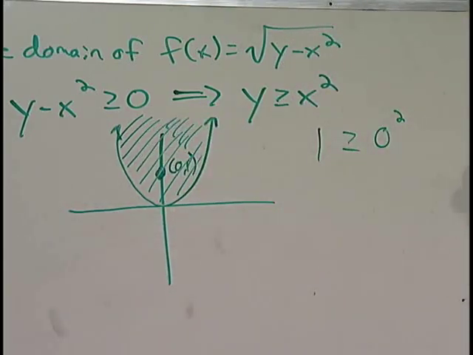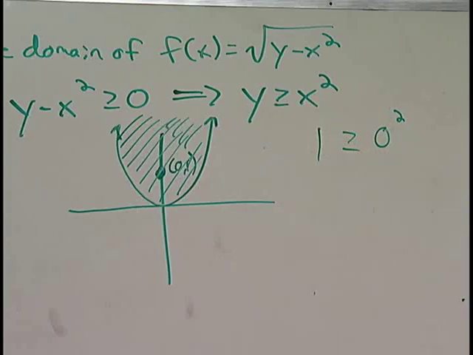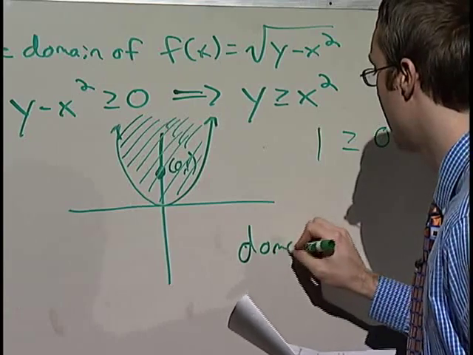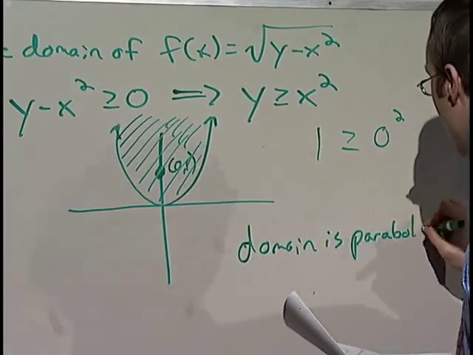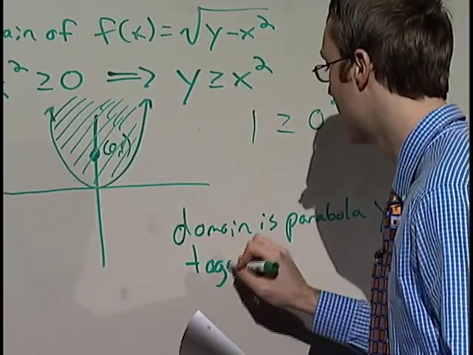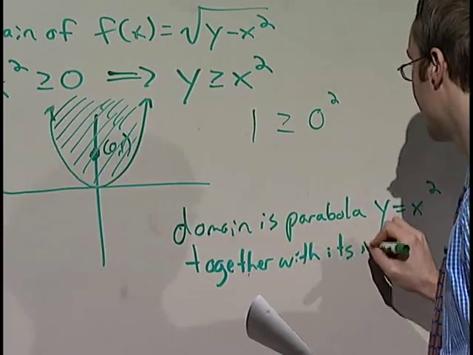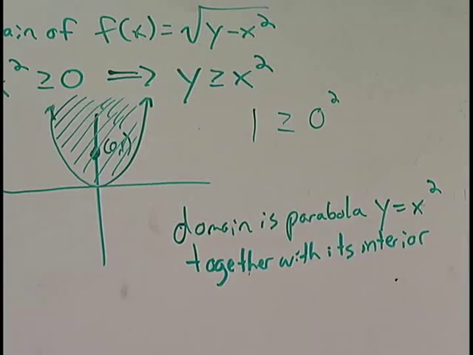This is going to be our domain set for this function, okay? So the domain is the parabola y equals x squared together with its interior as such.